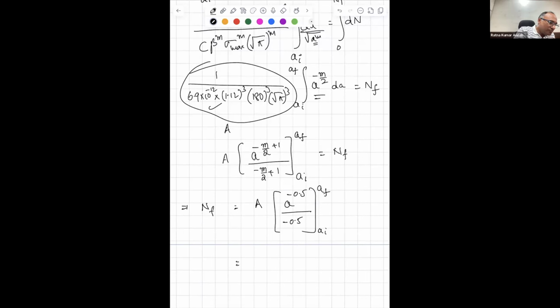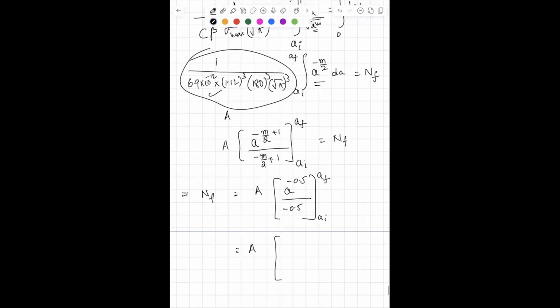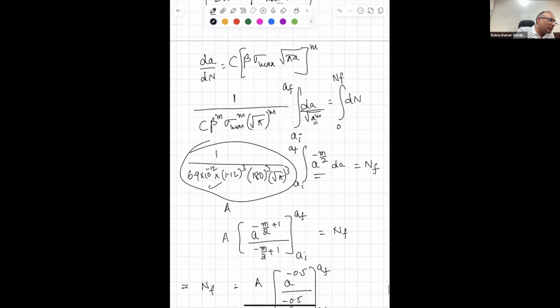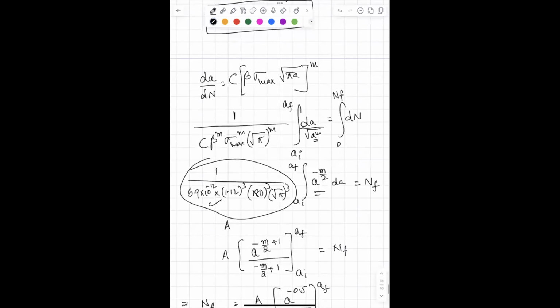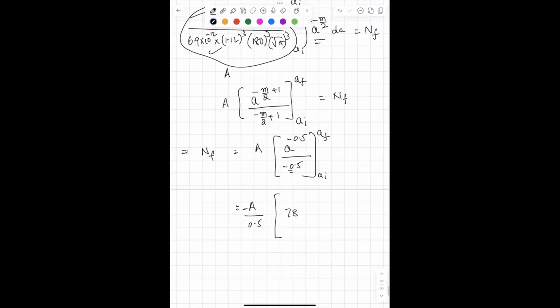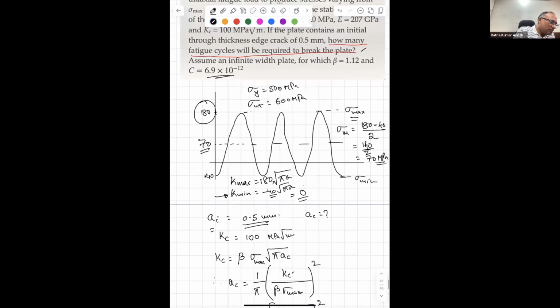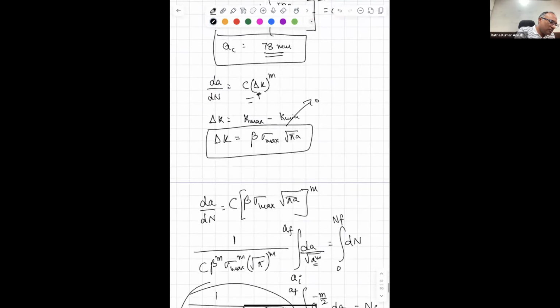What is ai? That is initial crack, so 0.5. Minus a by 0.5, I can bring it out. So af, what is the failure af? Critical crack, 78 to the power minus 0.5 minus 0.5.